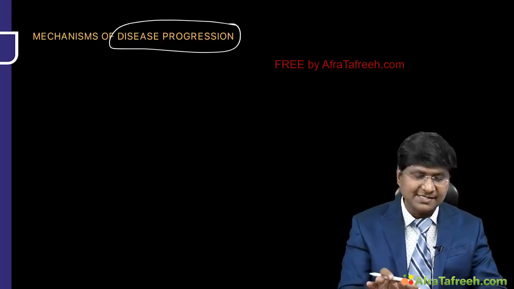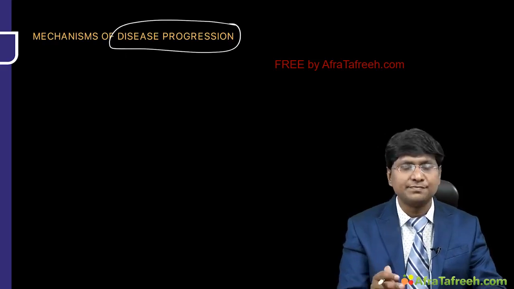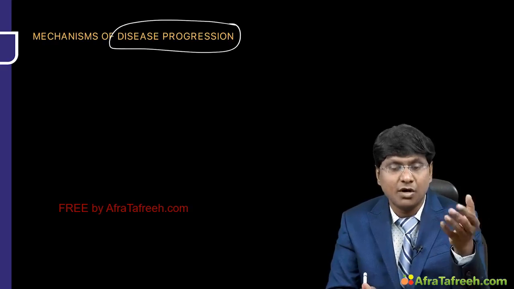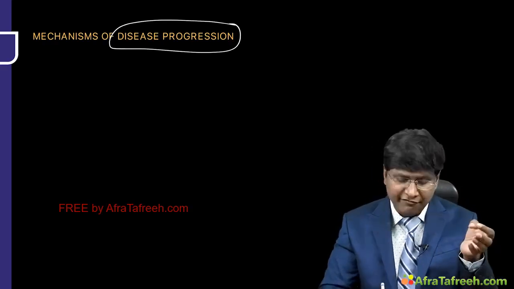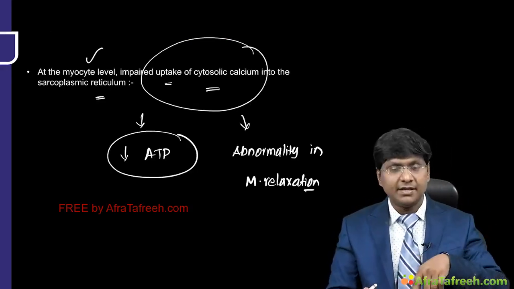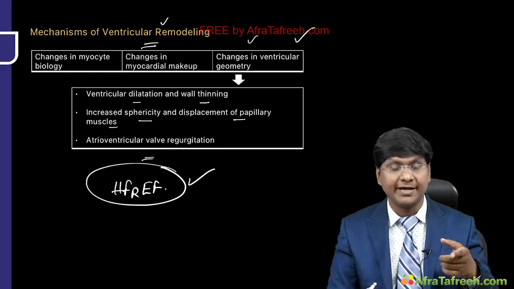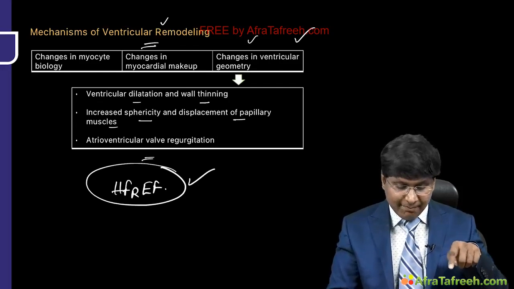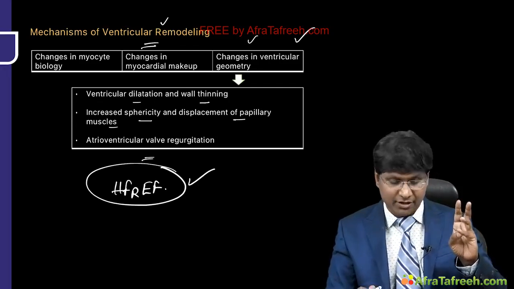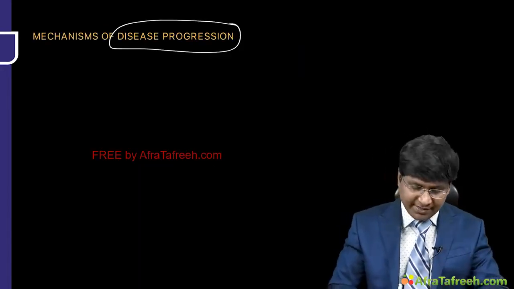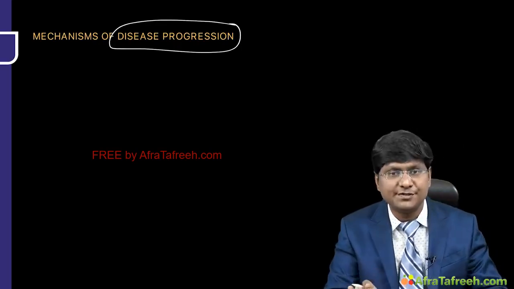But in the mechanisms of disease progression, I'll be telling you the reasons or mechanisms for these changes, right? Why is there impairment of cytosolic calcium uptake into the sarcoplasmic reticulum? Why is there abnormality in myocyte biology, changes in myocardial makeup, changes in ventricular geometry?